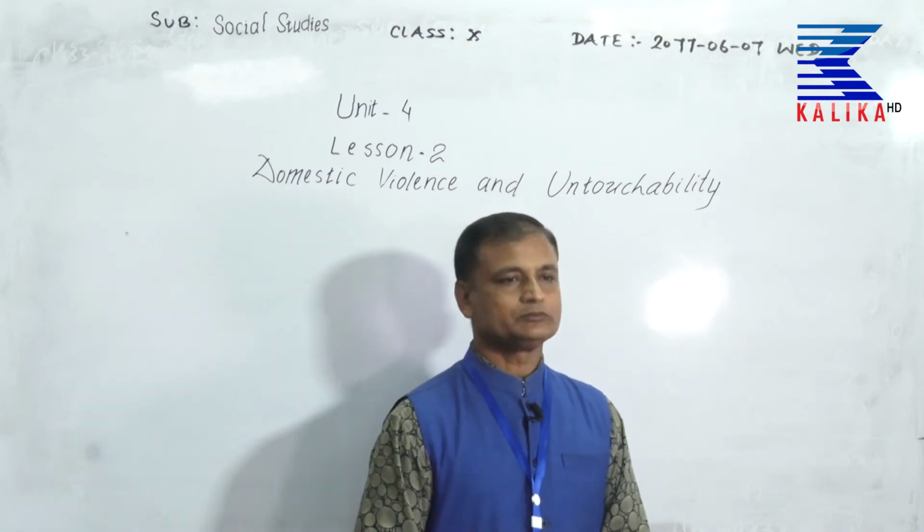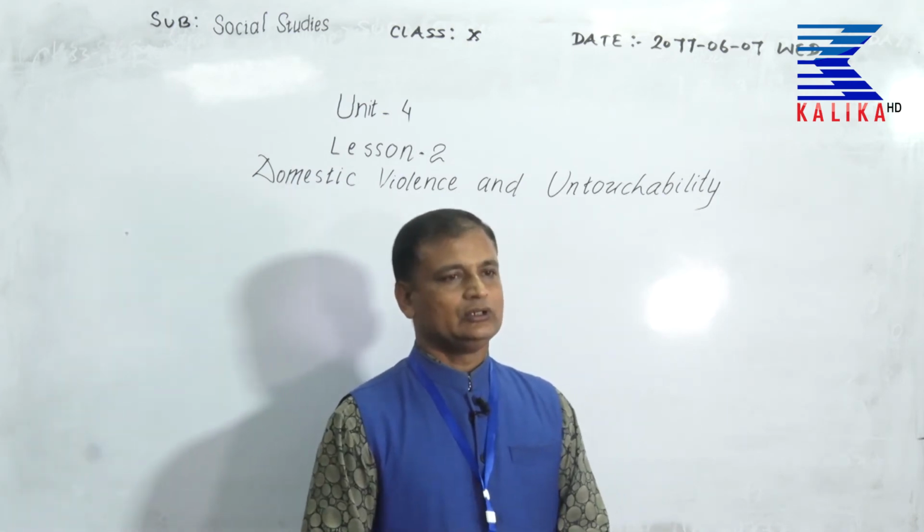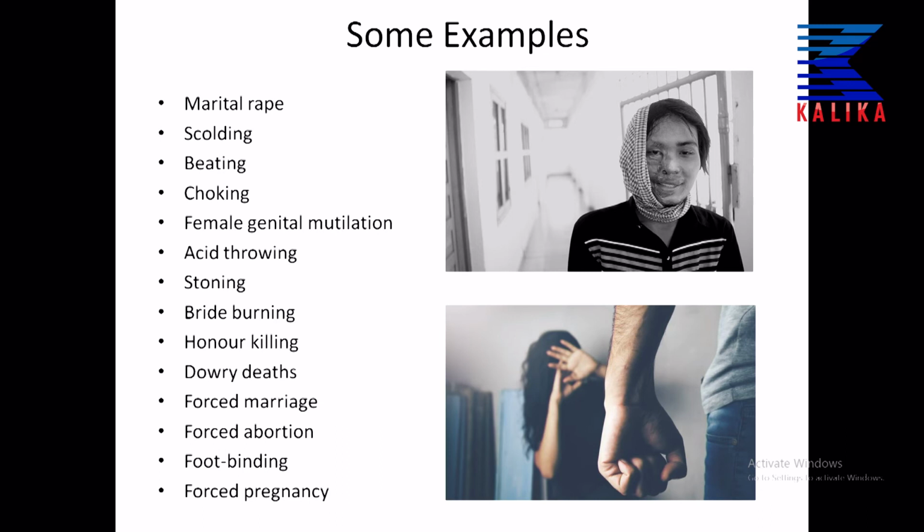Let us see here some pictures, two pictures. You can see one is acid attack and the next one is beating. A female is being beaten in the picture, and we are seeing some examples of domestic violence.